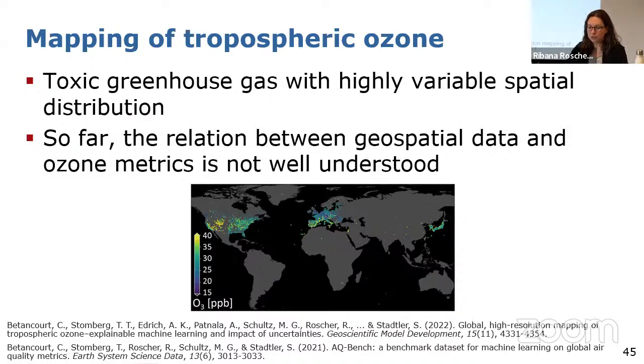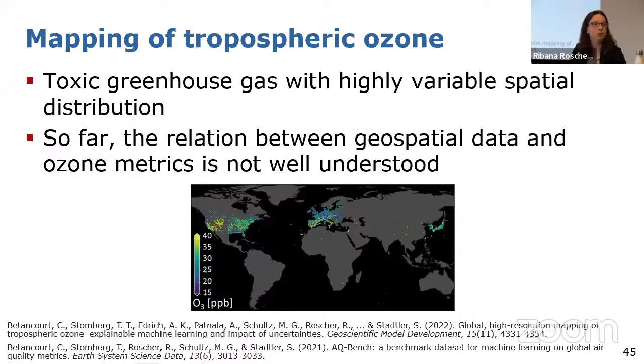So one research question in the context of explainable machine learning is, if we learn a model that maps these geospatial data to ozone values, what are the most important features? This is actually not a new question, but due to the development of neural networks, a lot of new methods popped up in the last years.